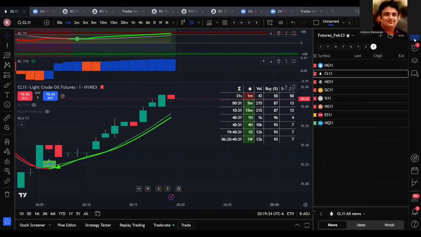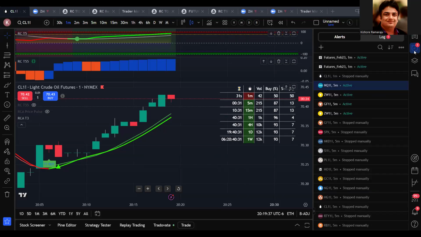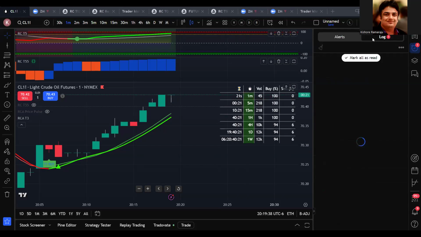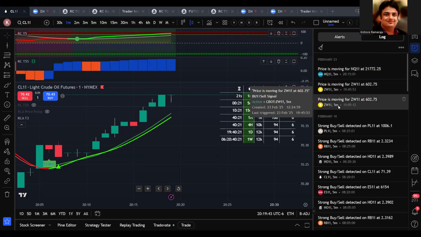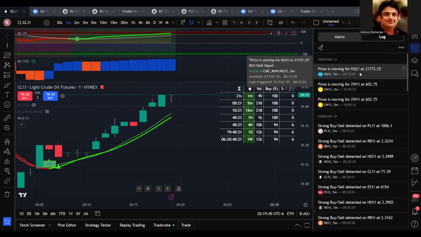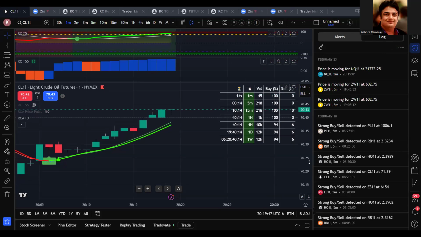So now we have to just wait for the alert notifications. Whenever we get a notification, so here I got it on 5 minutes for NQ. But if I get any notification for 1 minute, then we can go to that ticker and then we can take the trades for those tickers.